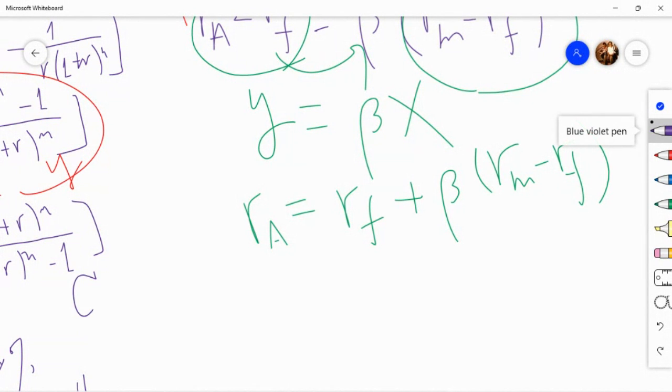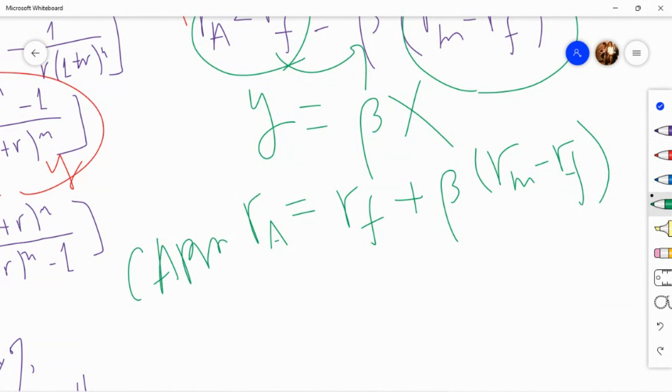Now, please study the main lecture videos, because everything is explained in detail. Why it's called CAPM, which stands for Capital Asset Pricing Model, is a misnomer. Why?